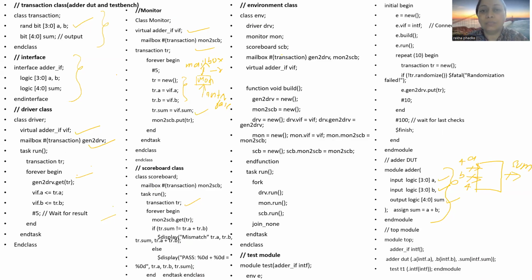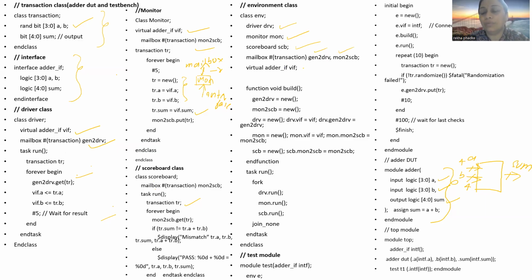So this is the entire test bench, the outer layer of all the components, right? The environment holds everything together. So in class environment, we have driver, we have monitor, we have scoreboard. I have just instantiated one instance of each of these components. And then we have two mailboxes, one interacting between the generator and driver, and one more between the monitor and scoreboard.